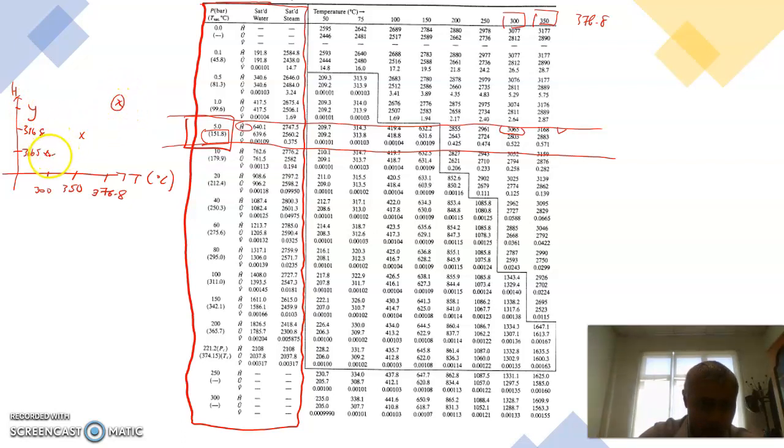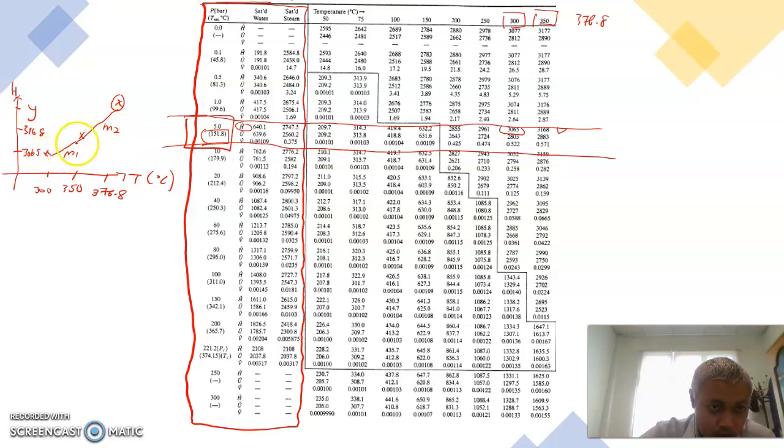However, we know that this is a straight line, so we will have M1 and also M2. From this point to another point, let's say A to B, B to C, right? So A to B is our first gradient. So we have M1. We can do it like this: M1 equals M2.